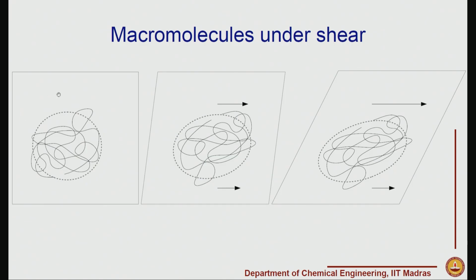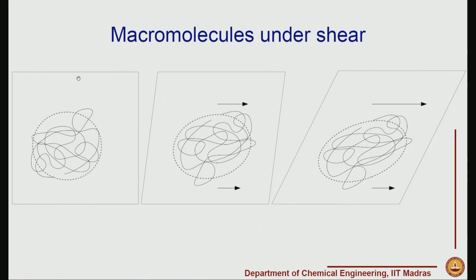So, we have a situation where a polymer solution or a macromolecular solution is being sheared. And we can look at two different cases, let us say a high shear rate and a low shear rate. In case of shearing the material, what we can visualize is that the top surface of this domain is moving faster than the bottom surface.